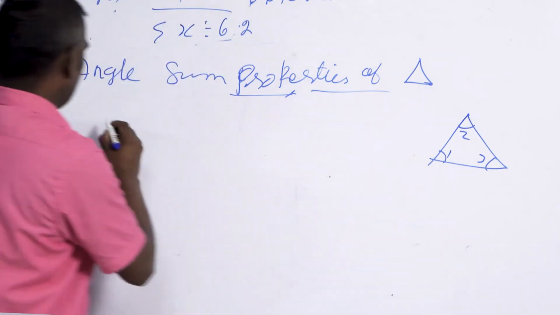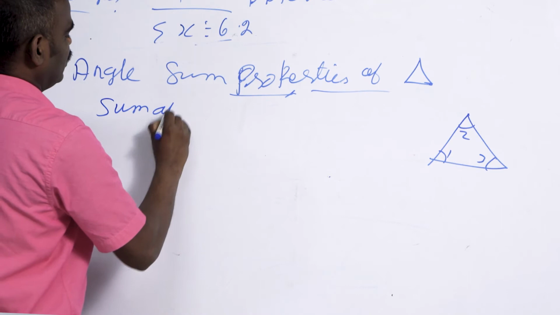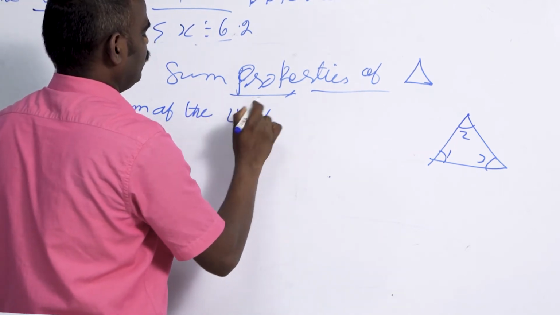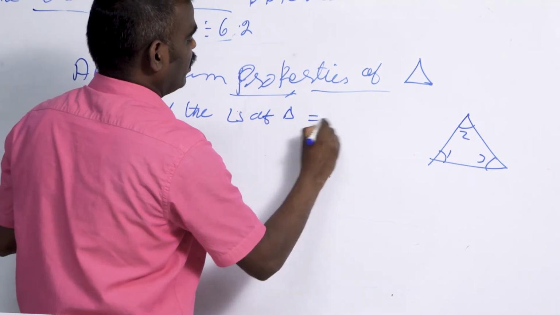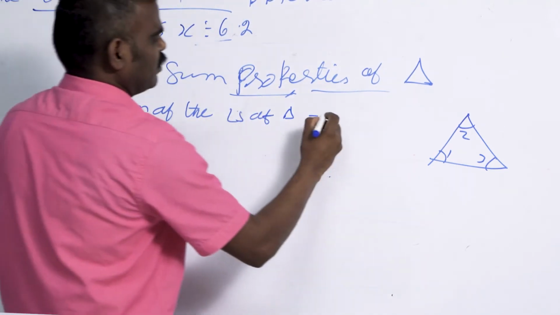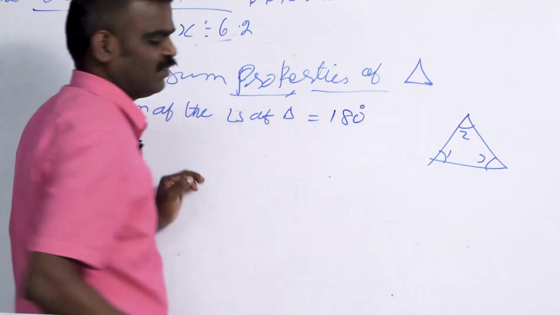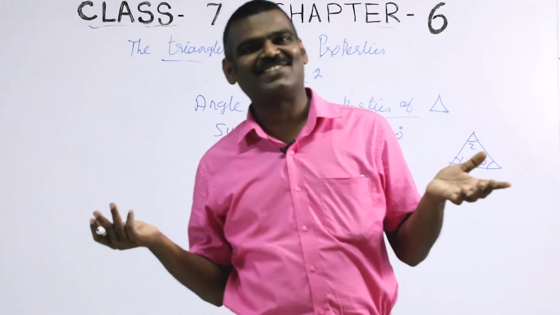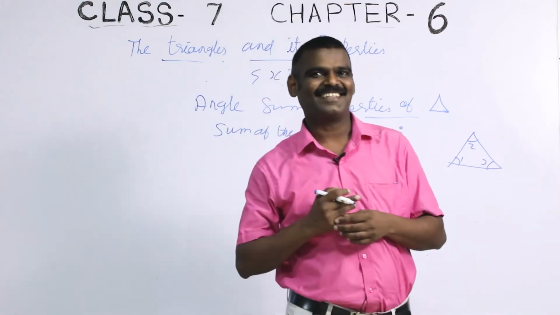Sum of the angles of a triangle is how many degrees? Actually, sum of the magnitude is supposed to come, but it's okay. Sum of the angles of a triangle is equal to 180 degree. How do you know 180 degree? Sir, our teachers told us 180 degree, so 180 degree.